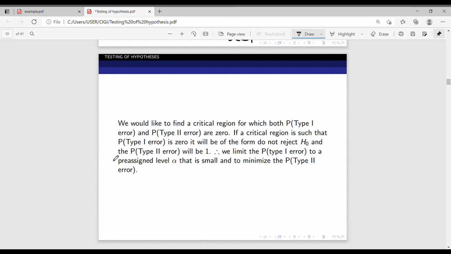No, because the probability of type 1 error is the probability of rejecting H0, and if it is equal to 0, then it will be of the form do not reject H0, and the probability of type 2 error will be 1. Therefore, we limit the probability of type 1 error to a pre-assigned level alpha, that is small, and minimize the probability of type 2 error.